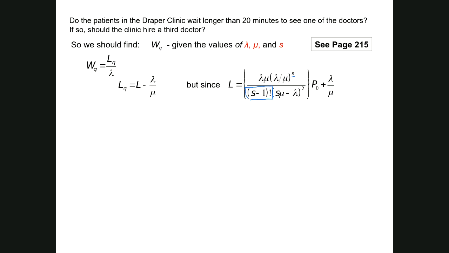In other words, 5 factorial is 5 times 4 times 3 times 2 times 1, which is 120. And you should have a function on your calculator that'll compute that. And then S minus 1 factorial times S times mu minus lambda, and the whole quantity squared.